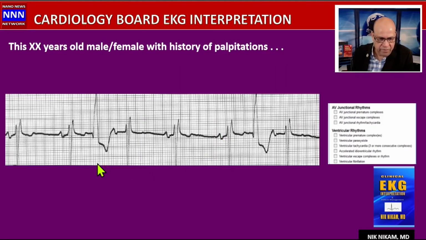And here we have an example of a normal beat, a PVC, and a normal beat. Generally, when we have a PVC, the refractory period is reset. As a result, it is usually followed by a compensatory pause.